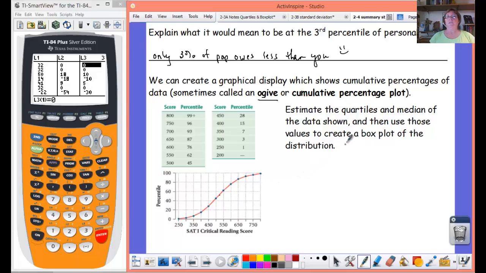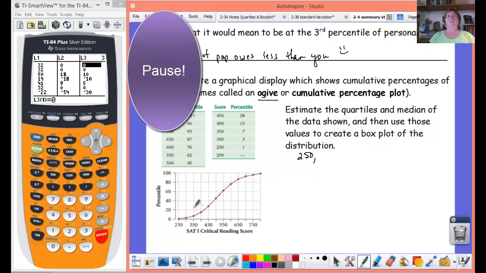You and I both know that to create the box plot we need to have the 5-number summary. So the minimum, the quartiles, the median, and the maximum. The minimum value here is 250. So at the lowest percentile, 250. So there's our min. The 25th percentile would get us the first quartile around 440.